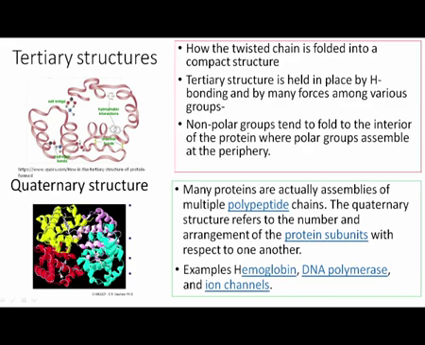There are 4 polypeptide chains in hemoglobin. They come together and hold a particular functional group called the heme group, and that heme group is responsible for holding iron, and that iron is responsible for carrying oxygen. So, hemoglobin is one such example, DNA polymerase, another enzyme, is one such example, and ion channels are again examples of quaternary structures.